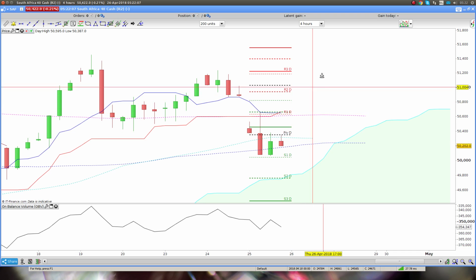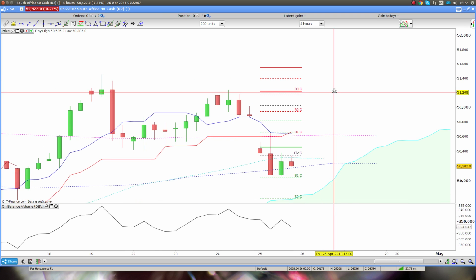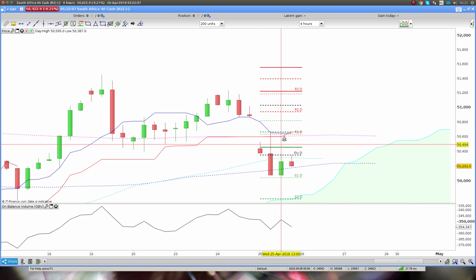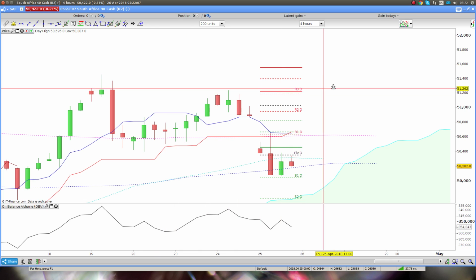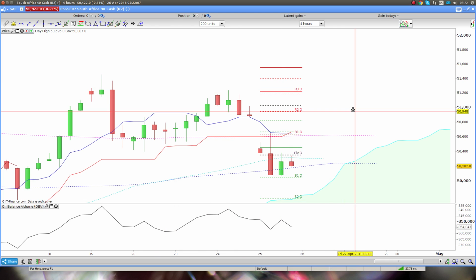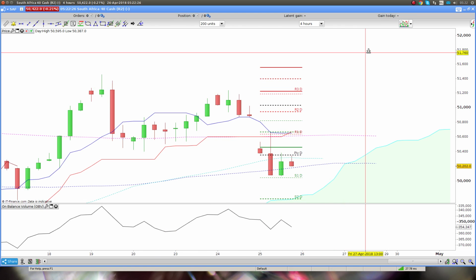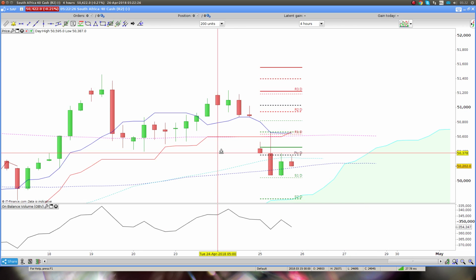So that's why I'm saying there and then the top trend line. So once we've hit this level here, the gap, then we're looking at that area there where there will be a bit of a pullback and then some more move to the upside.